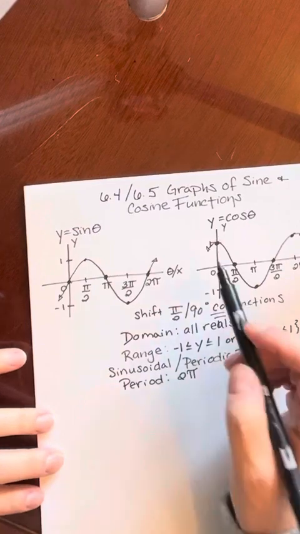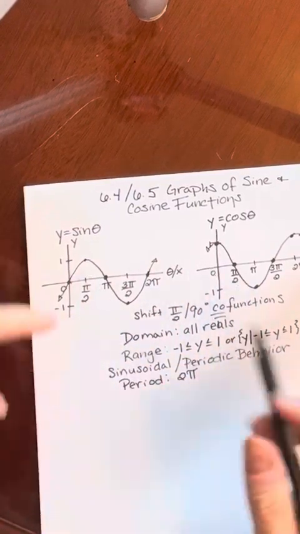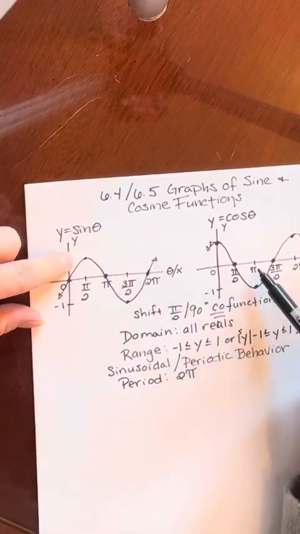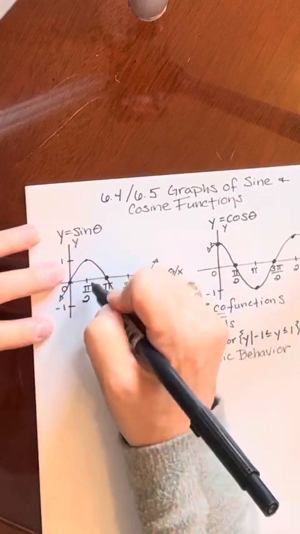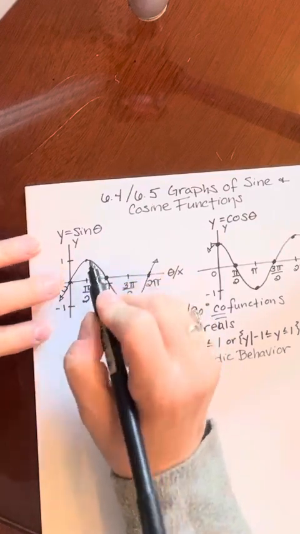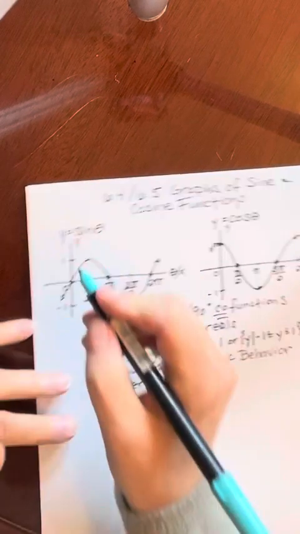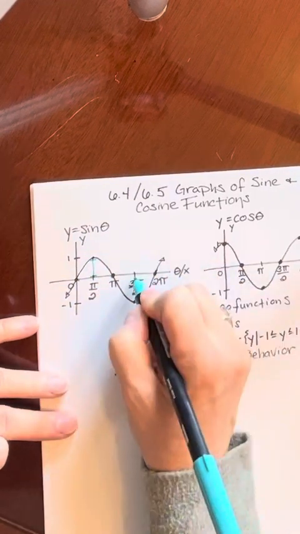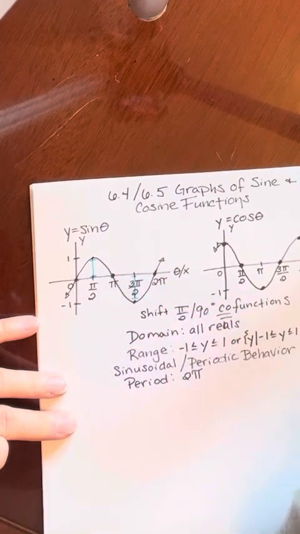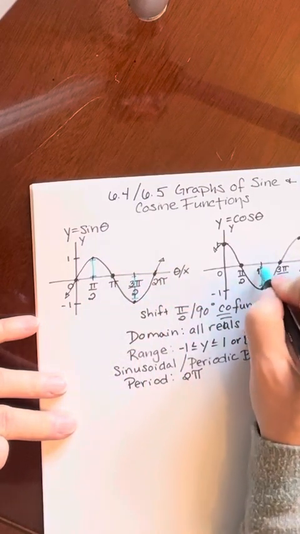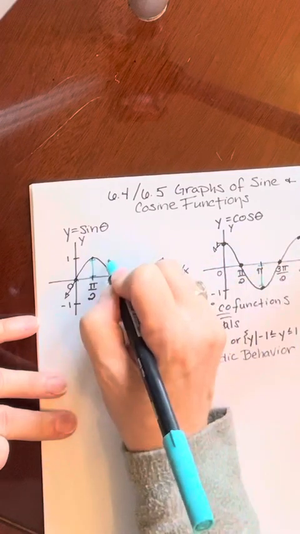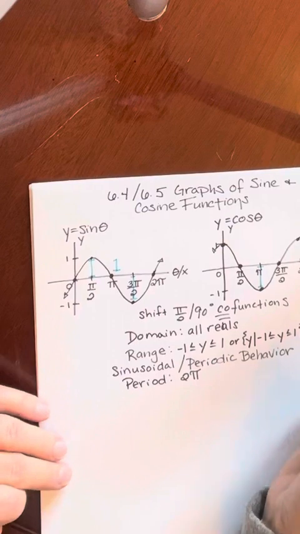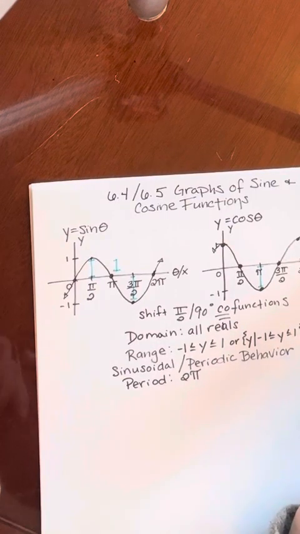In this case also, when we're looking at both of these, there is a height. The height is the same. We talked about that with the range as well, but the height is the same for both of these. If you go from the middle of the wave up, or the middle of the wave and go down, for either of these functions, it's 1 unit every time.